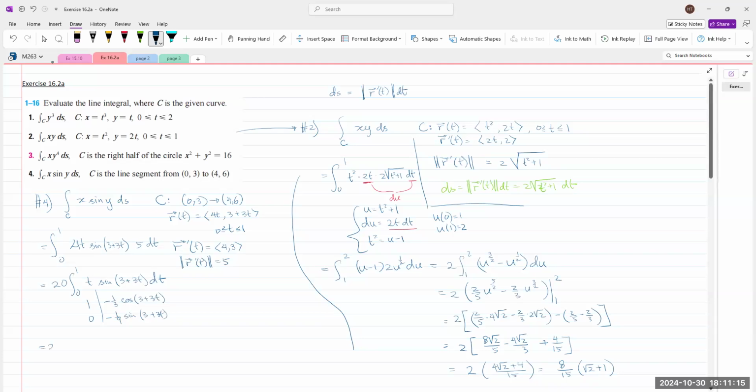So this is 20 times negative 1/3 cosine(3 plus 3t) plus 19 sine(3 plus 3t) from 0 to 1.